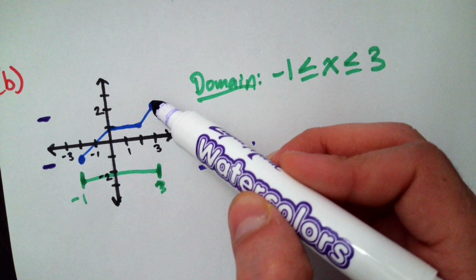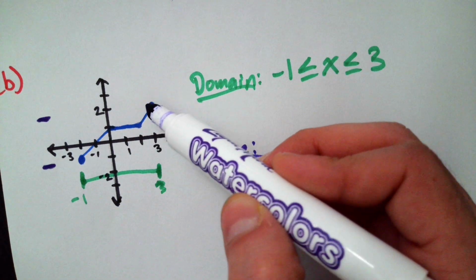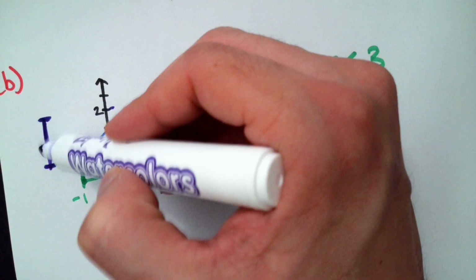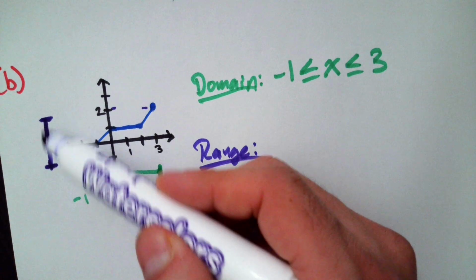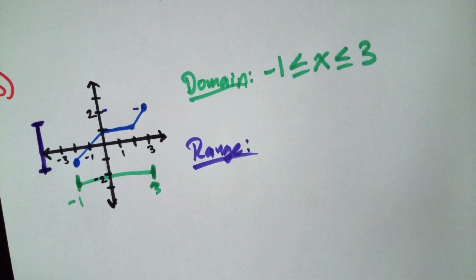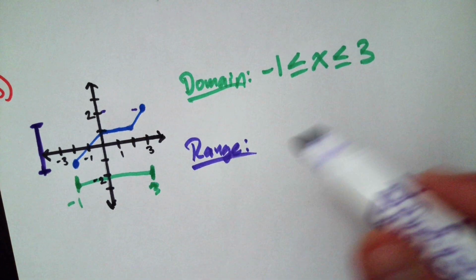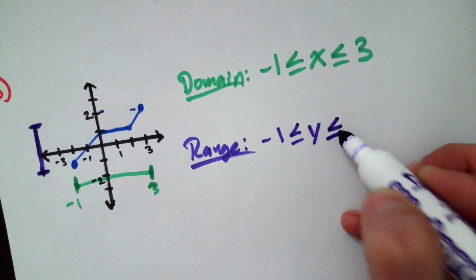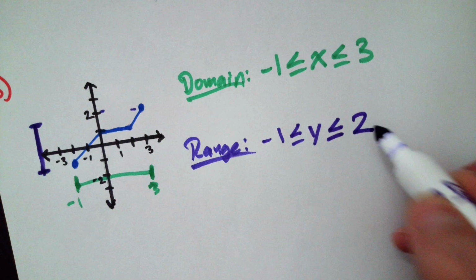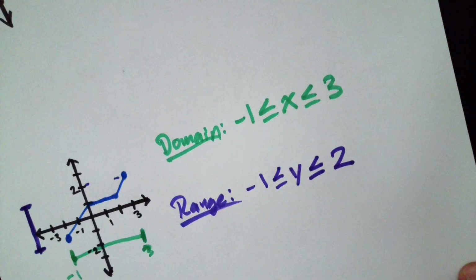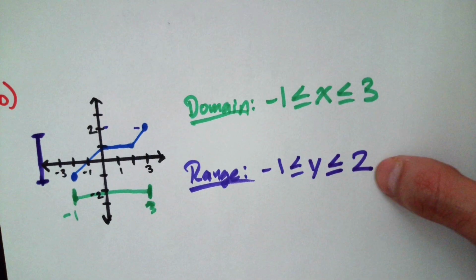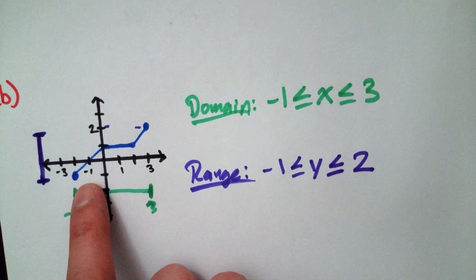Because this graph goes all the way up here, and I can connect this point to 2 right there. So now my range has to be this purple interval here, which is all the y values between -1 and 2. And just like that, we listed all the numbers for my x and all the numbers for my y present in this blue graph.